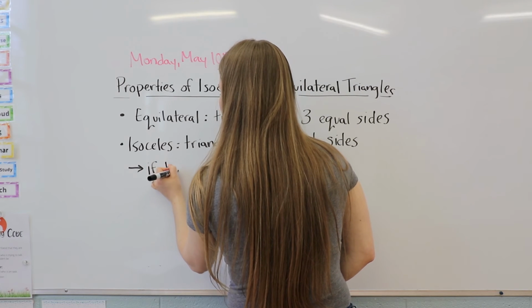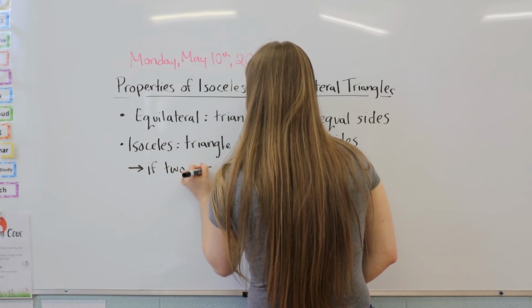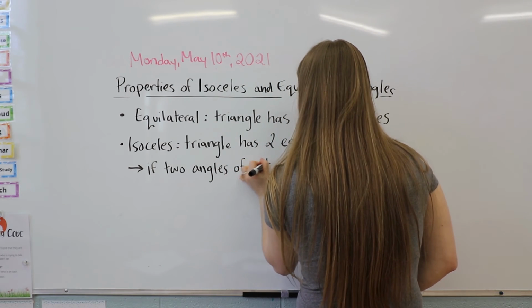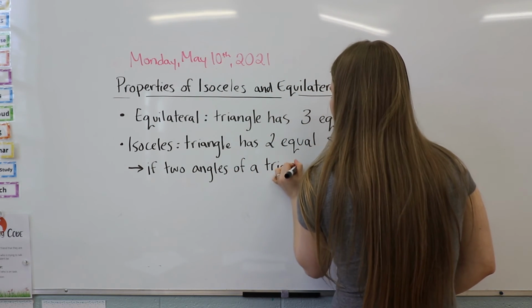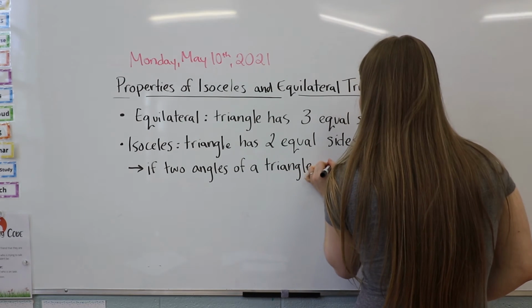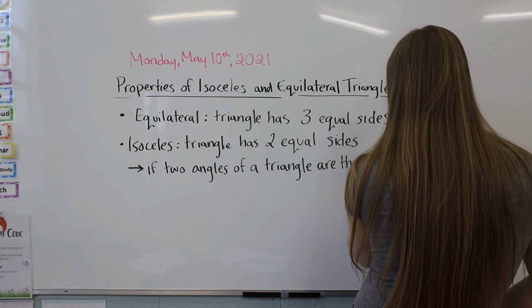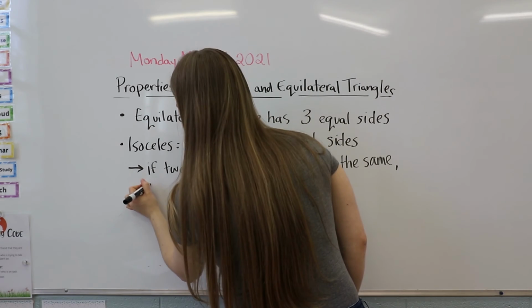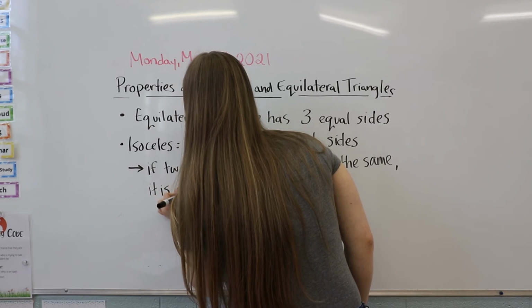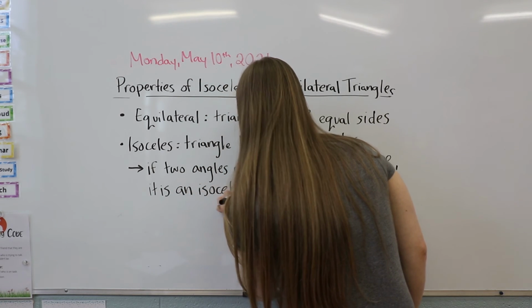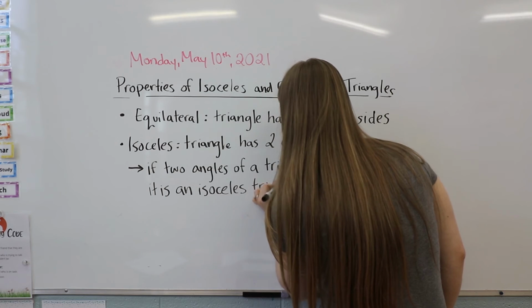If two angles of a triangle are the same, it is an isosceles triangle.